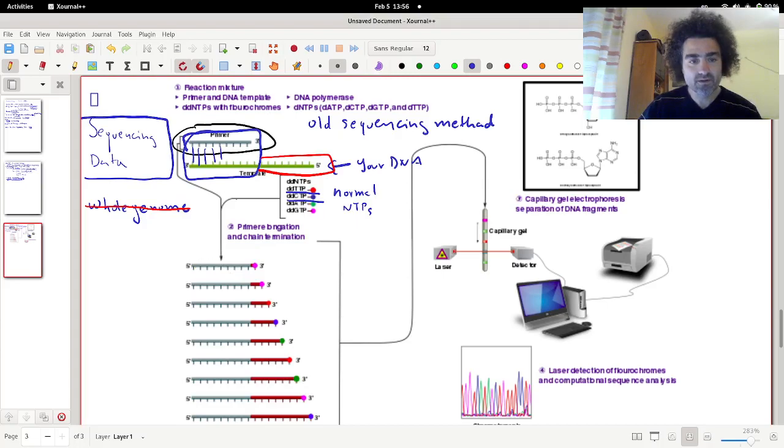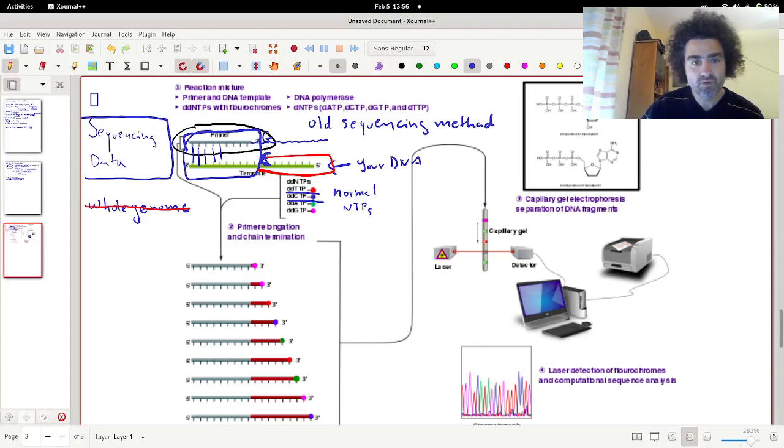So you have this primer, it hybridizes here, and then you will start to synthesize this part on this sequence. It's possible that the first thing that will be entered will be a ddNTP, and if this is here adenine, then if it is here a cytosine, then what will enter here will be guanine.